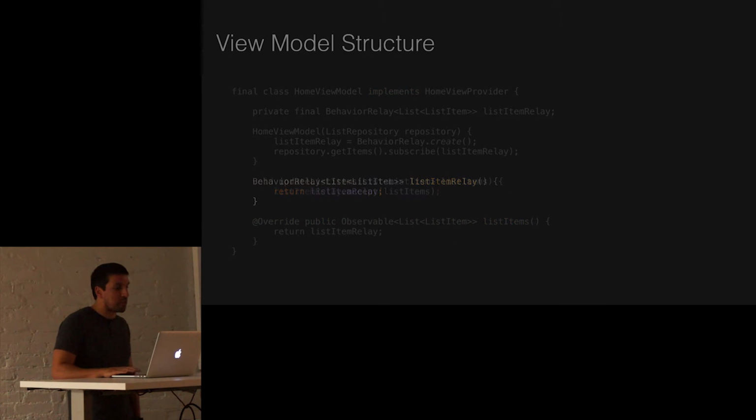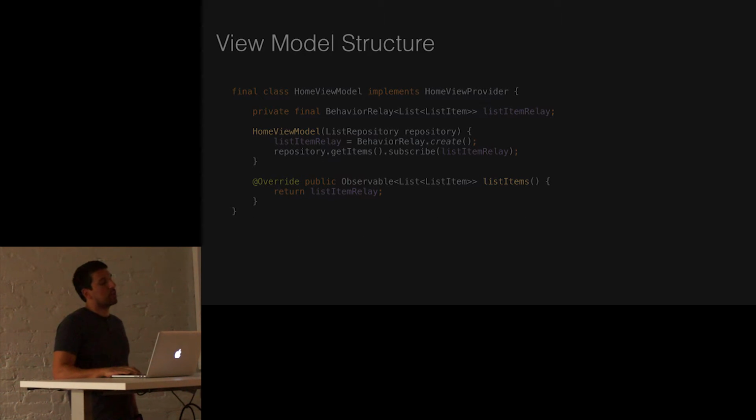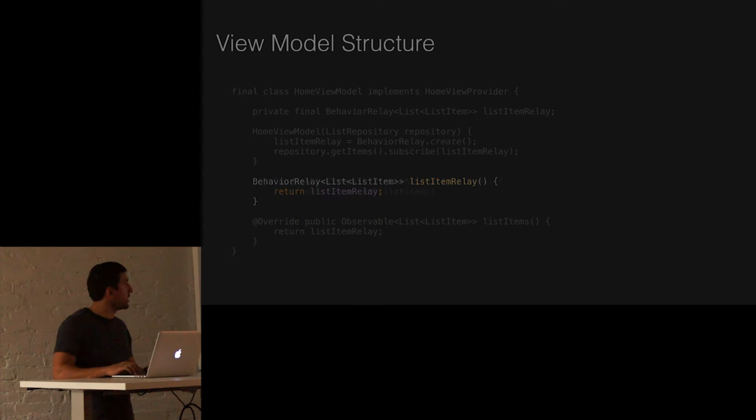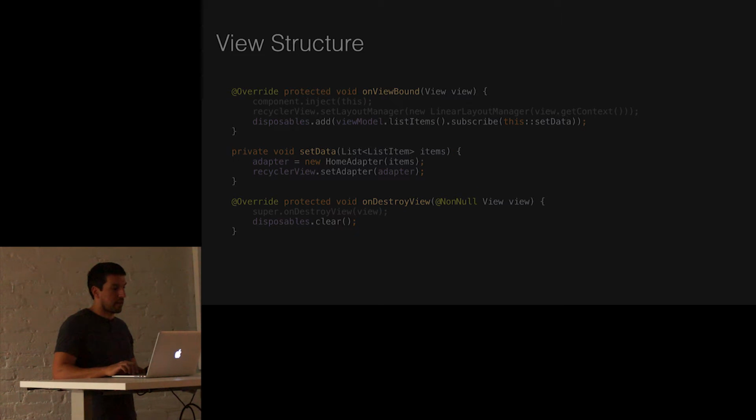You can supply these relays with a default value. So if you had a view state relay, you can do create with default, loading, or what have you. So if the view attached before your view state was updated, that would be the view state it would get. So yeah, you probably would never have something this simple because, like you pointed out, it's good to give a user some indication that it's loading. But I think that can be pretty easily handled by this pattern.